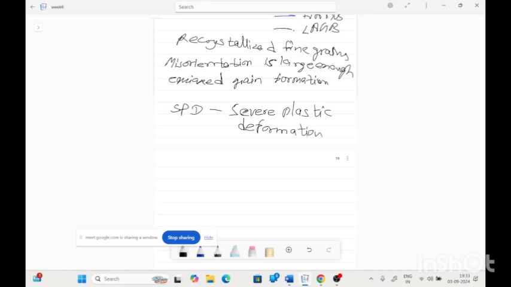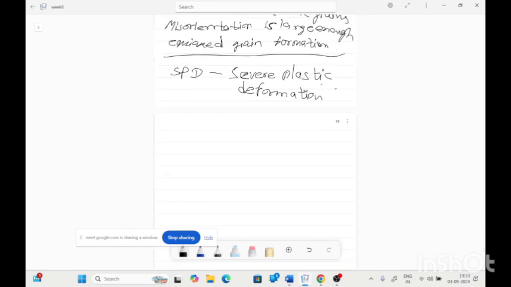In this case, as the deformation is increased very high, meaning we continuously deform the material, the misorientation will be very high. That is called severe plastic deformation, leading to equiaxed grain formation, meaning a very fine grain size will be obtained.